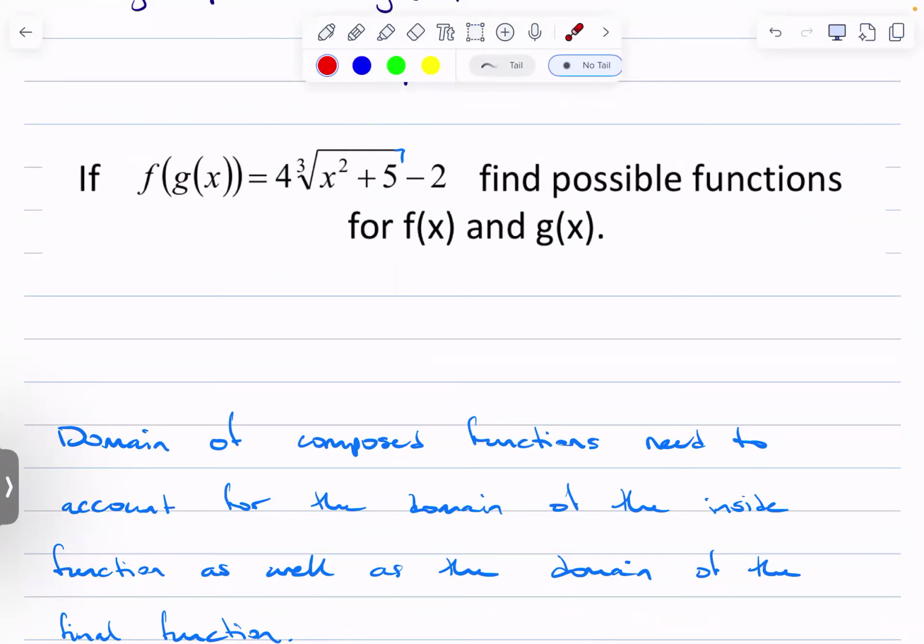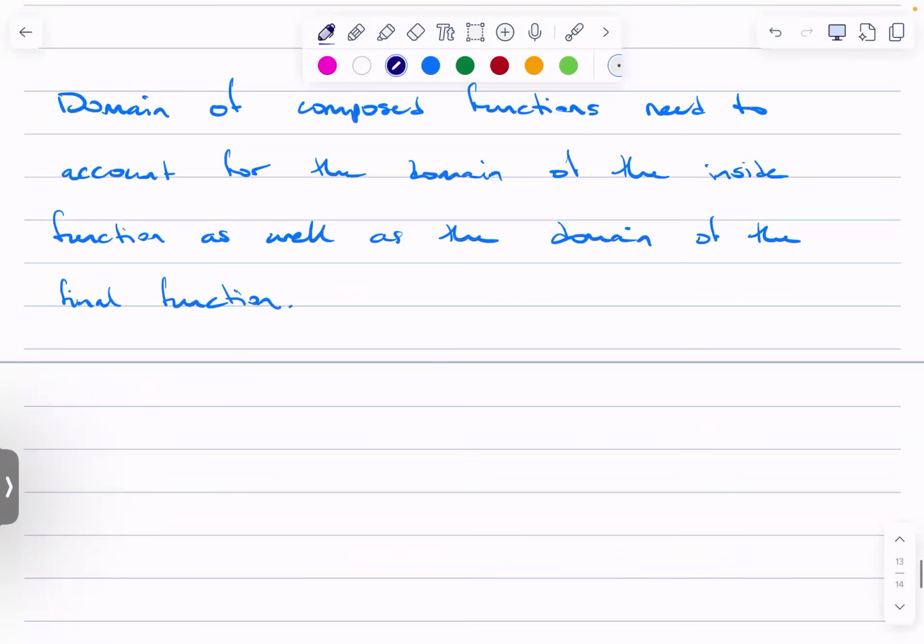If we're given f of g of x is 4 times the third root of x squared plus 5, then minus 2, we can find possible functions for f of x and g of x, remembering that g of x is the inside function. Right?